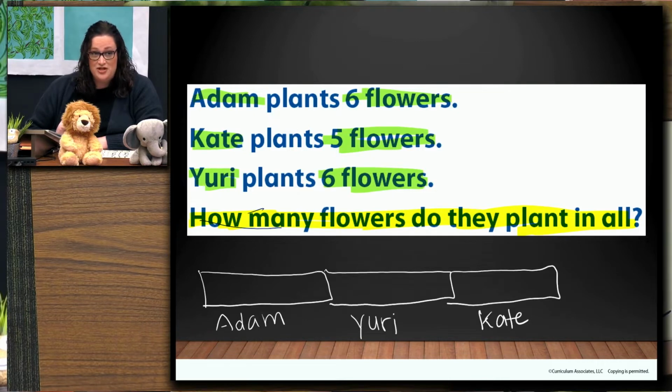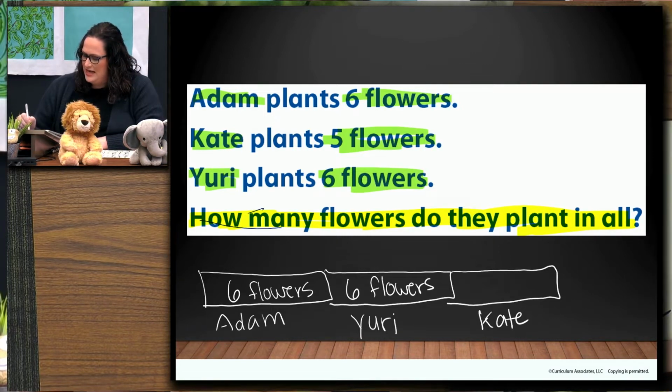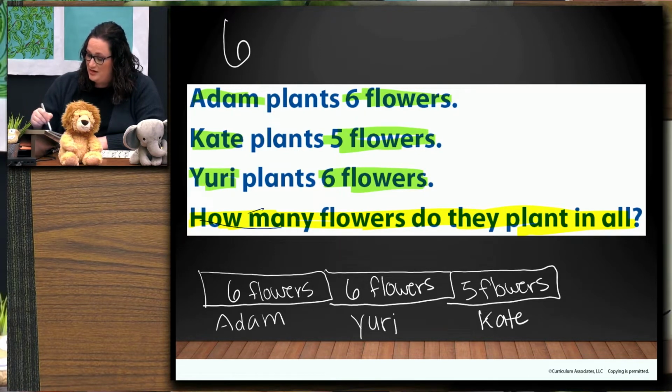Now we need to put the information in. So Adam had 6 flowers. Yuri has 6 flowers. Kate has 5 flowers. So we have 6, and we're trying to figure out the total amount, all of these together. So we have 6 plus 6 plus 5.